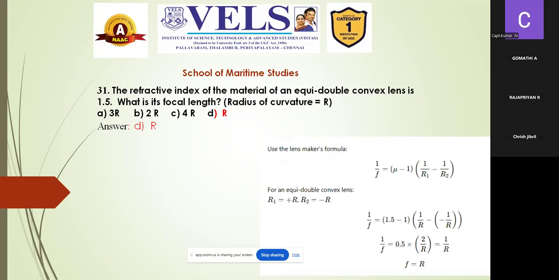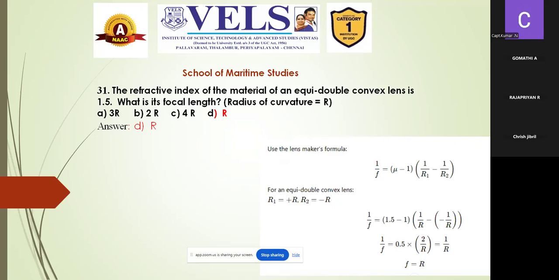For an equiconvex lens, R1 is equal to R and R2 is equal to minus R. So 1 by f is equal to, substituting the value of mu 1.5, 1.5 minus 1 into 1 by R minus of minus 1 by R. In the next step, it becomes 1 by R plus 1 by R, which is 2 by R.